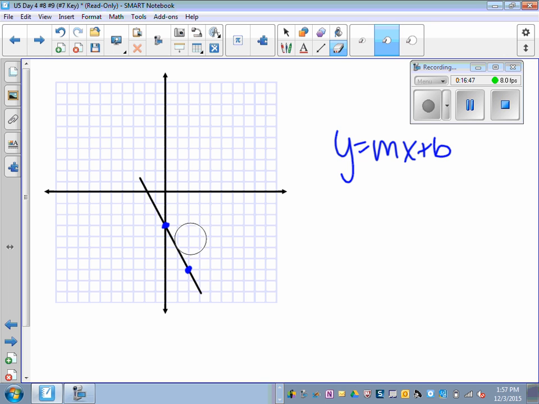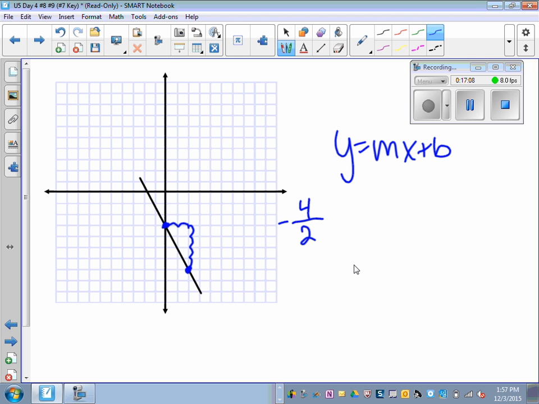Alright. So, how much do I go up? Good. And how much do I go over? And is this a positive or negative slope? Negative, right? We're going down as we go to the right?